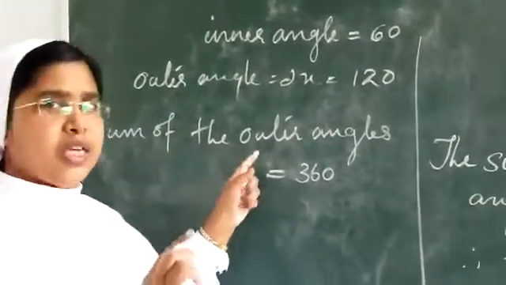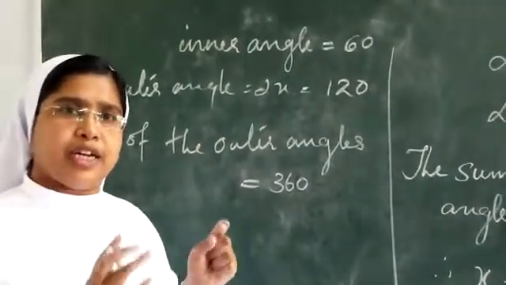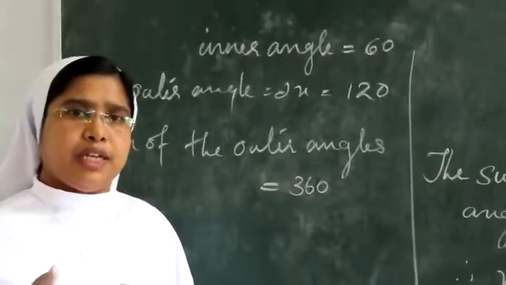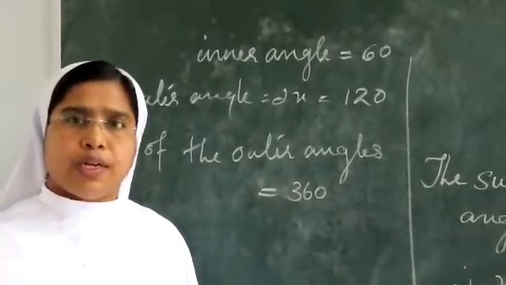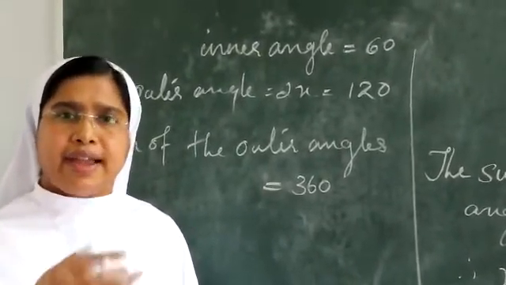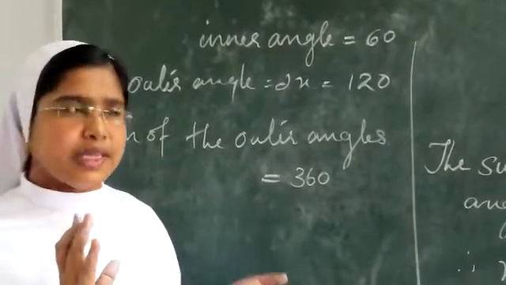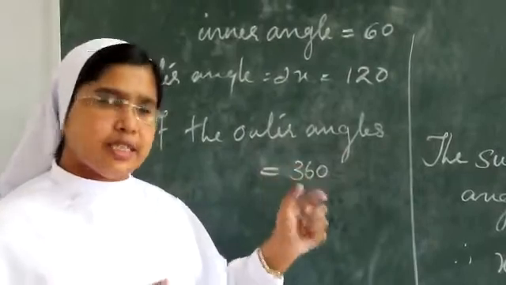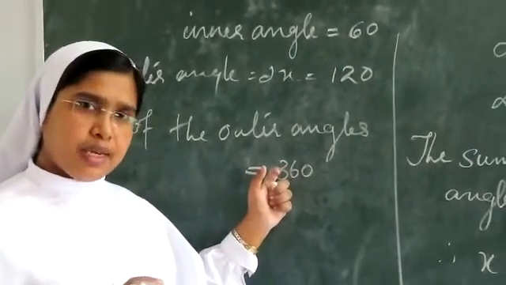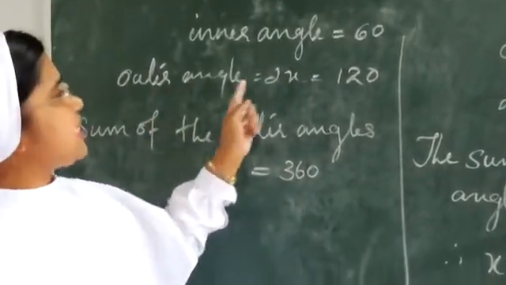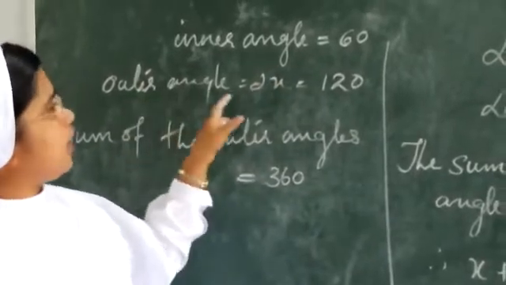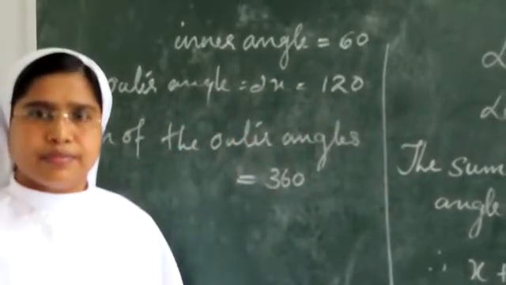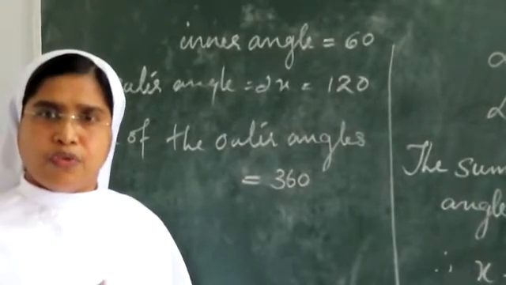The sum of the outer angles in any polygon, it can be a triangle, quadrilateral, pentagon, hexagon, etc., in any polygon, is an unchanged sum, that is 360. Now one outer angle we got is 120.